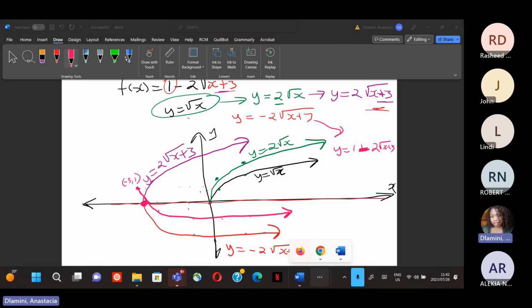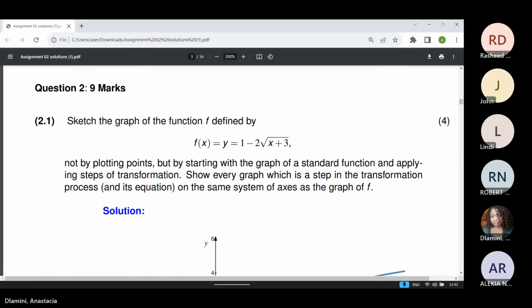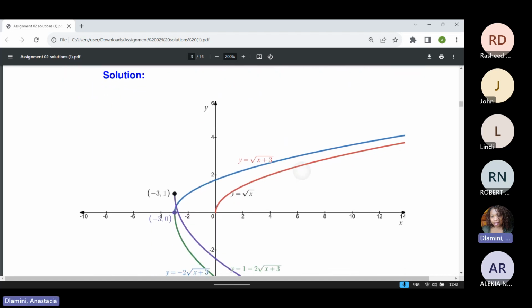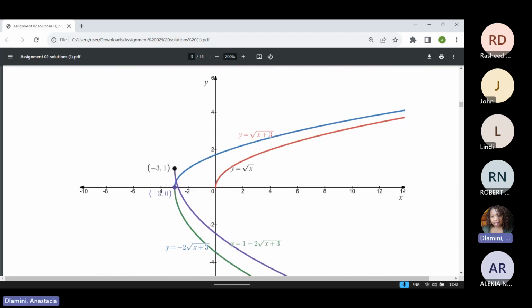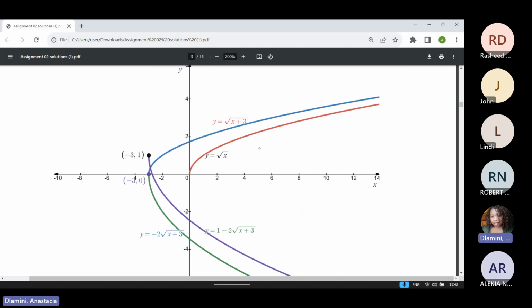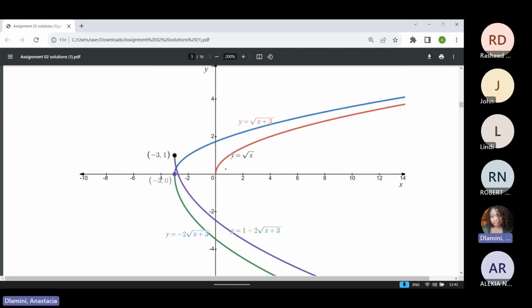Now, our next question. If we look at the solution, you see that I started with the parent function, which is the red one. Then I chose a different transformation from the one I'm showing you here.